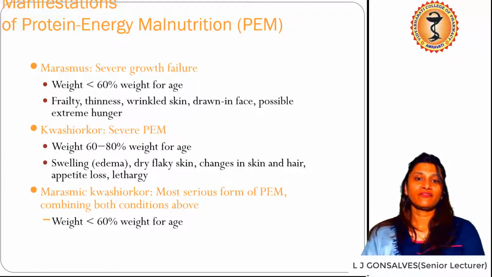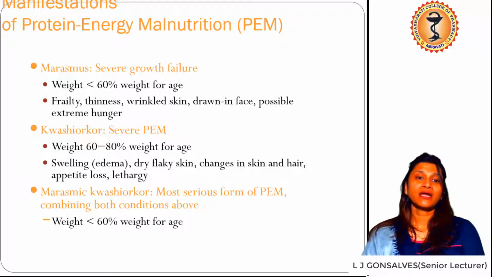Then dry flaky skin, and change in the skin and hair. The hair becomes reddish or gray in color. Appetite loss, lethargy. The child looks very miserable and pathetic. Moon-shaped face. So these are the various symptoms seen during kwashiorkor.